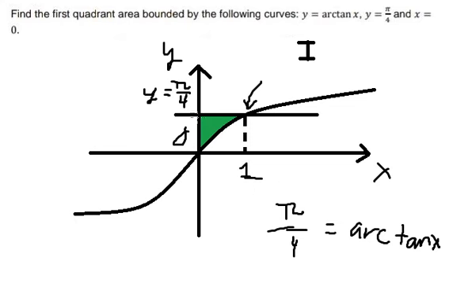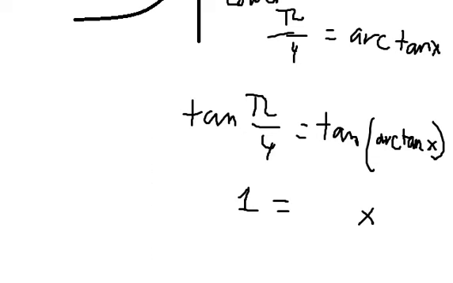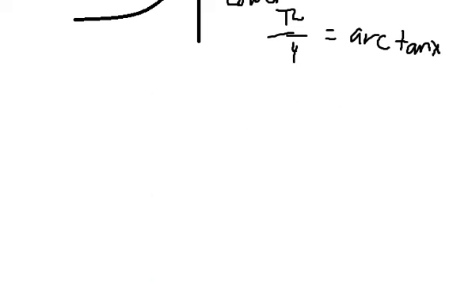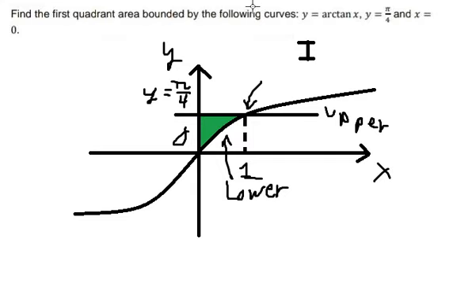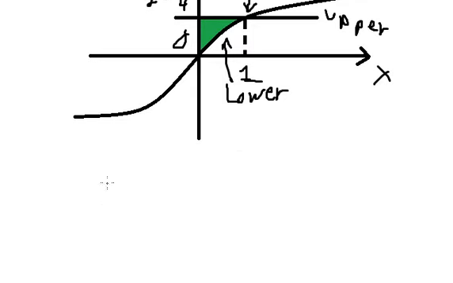Now we want to find this area, so we see that y equals π/4 is the upper, and the curve in here is the lower. So in this situation, we can find the integration.